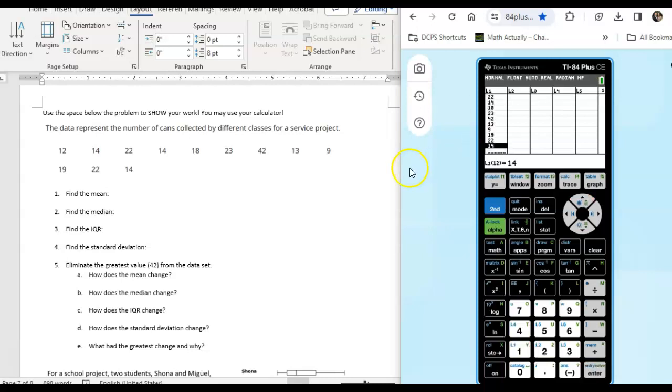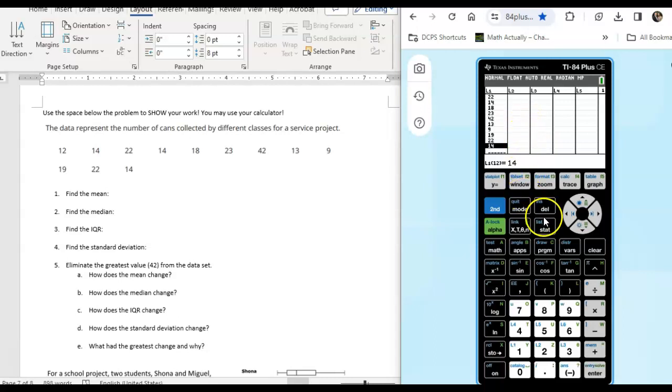Now, you do not have to put the data in order if you're entering it into the calculator. You can if you need to find the mode or something like that, but the main thing is you want to make sure you put all your data points in. So I have 12 data points here.